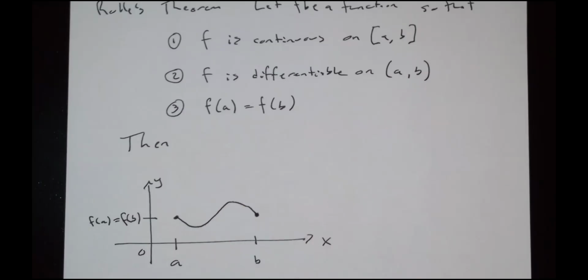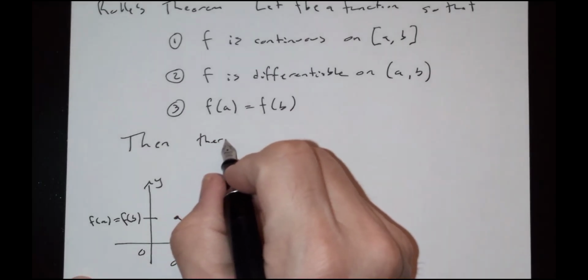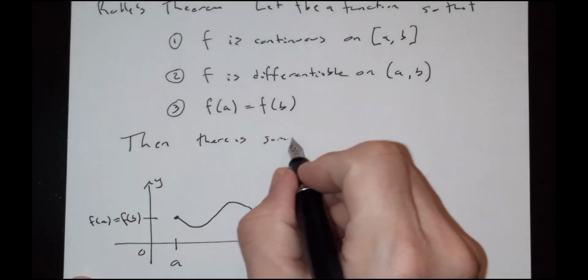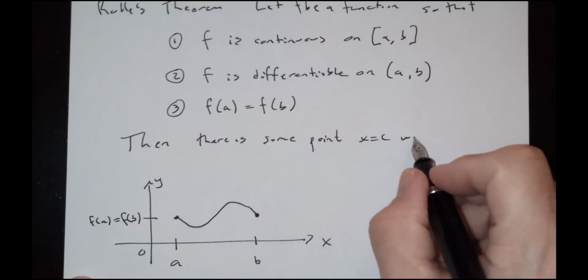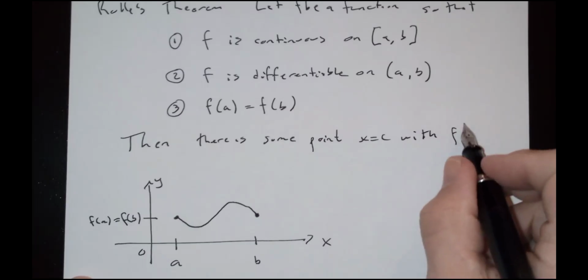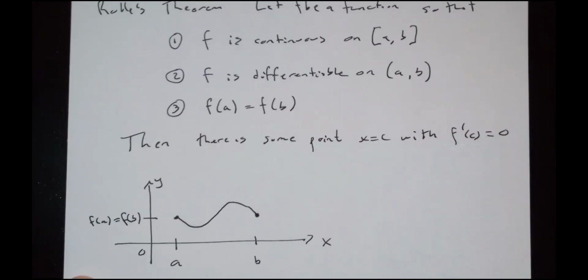Here's the consequence. On this function, I want you to draw a tangent line. I don't want you to draw just any tangent line. I want you to draw a tangent line that's horizontal.